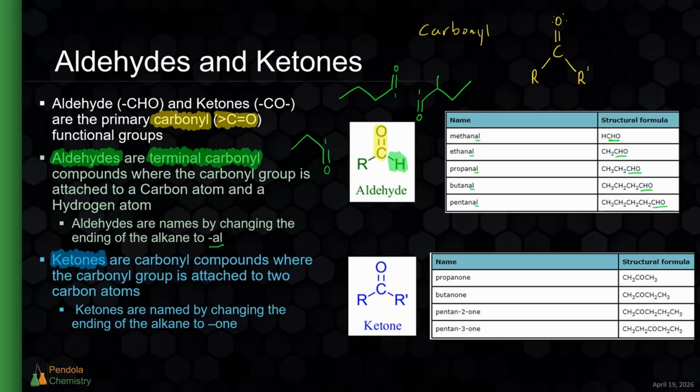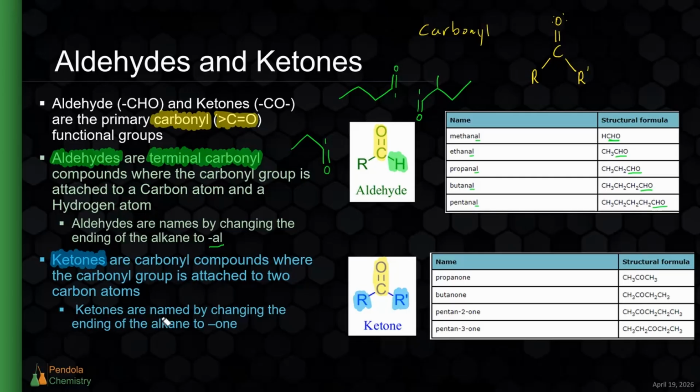We have the C double bond oxygen, just like with the aldehyde, but on either side of that carbon there is more carbon chain instead of one side having a hydrogen. So ketones cannot be terminal.